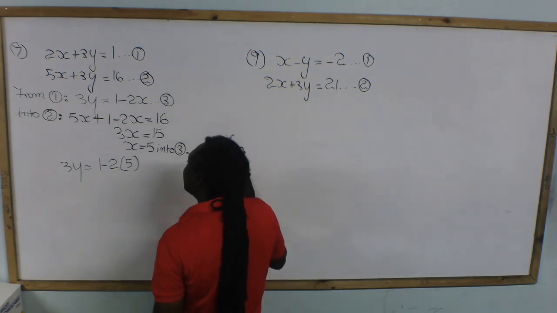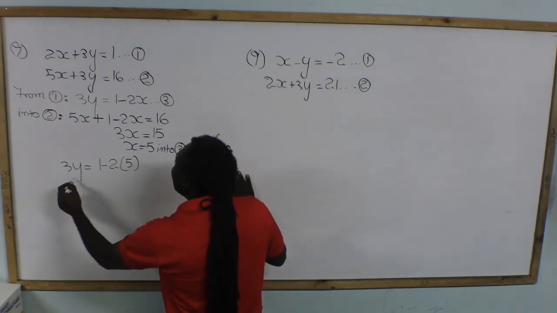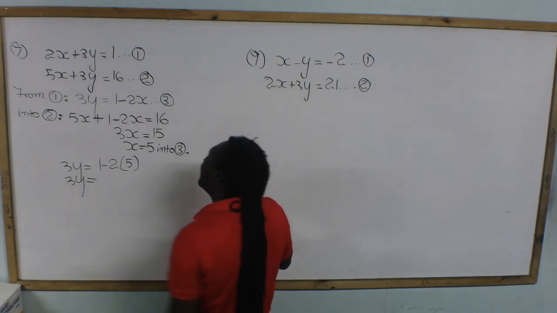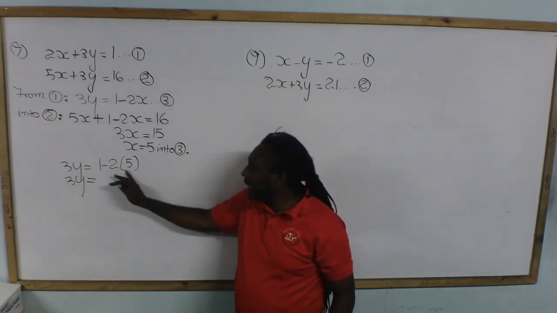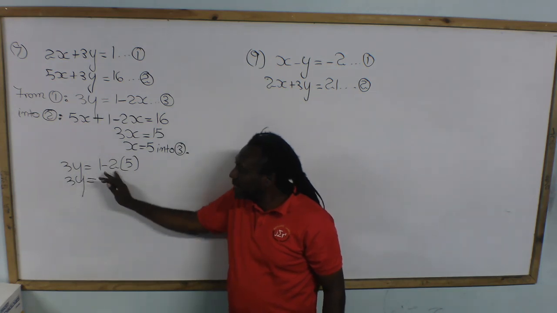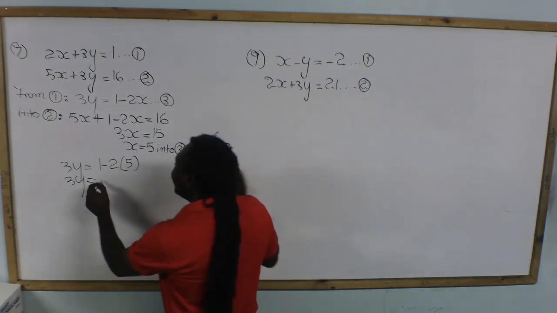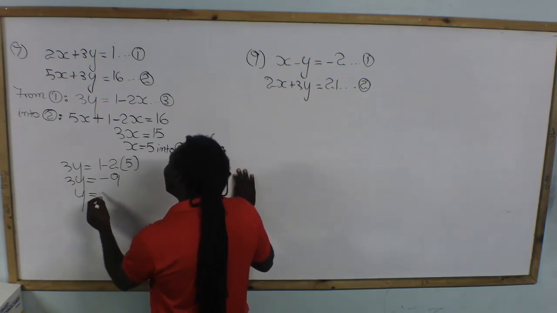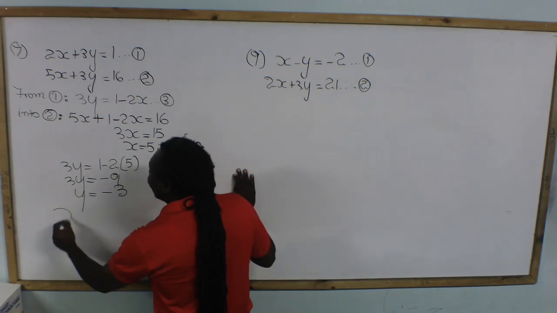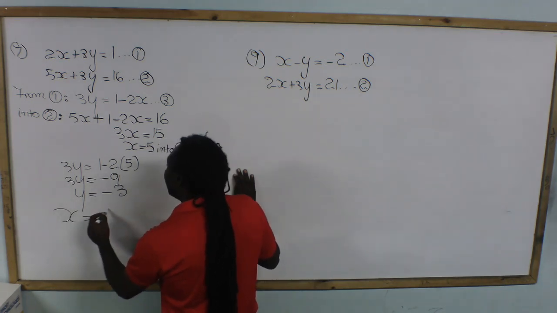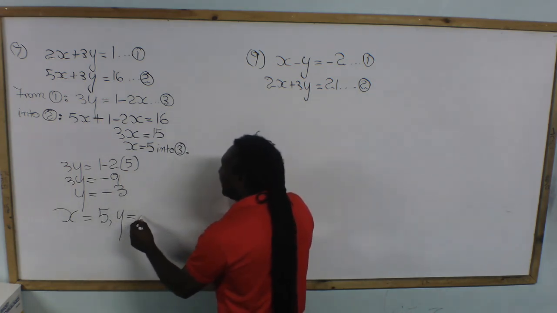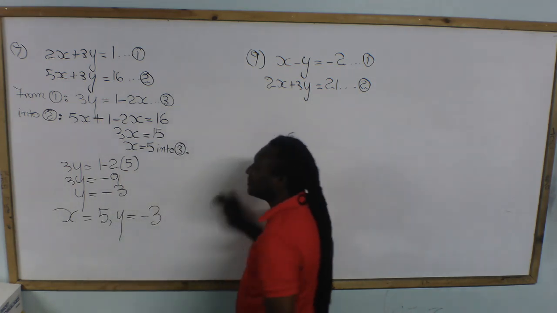Yes, we found that to be 5. So do we say y equals or 3y equals? Alright, 3y. So 1 minus 10, negative 9. So y is equal to negative 3. So x is equal to 5 and y is equal to negative 3.